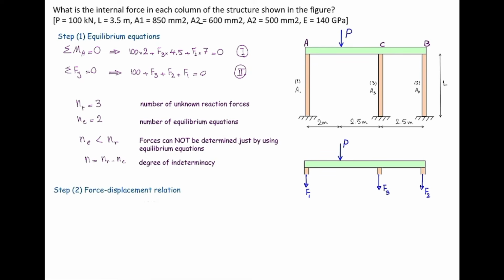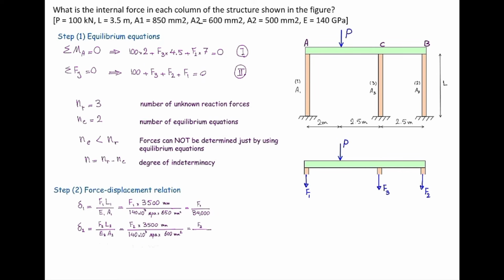Alright, now I need to use the deformation in each element. Let me use the force-displacement relation that we have learned before. Deformation in element number 1 is delta 1. Delta 1 is F1 L1 divided by E1 A1. If I simplify that, that would be F1 divided by 34,000. Delta 2 would be the same, FL over EA for the second element.